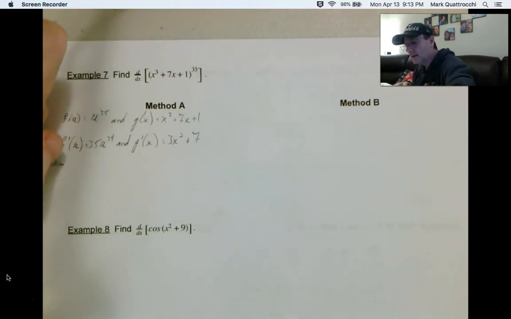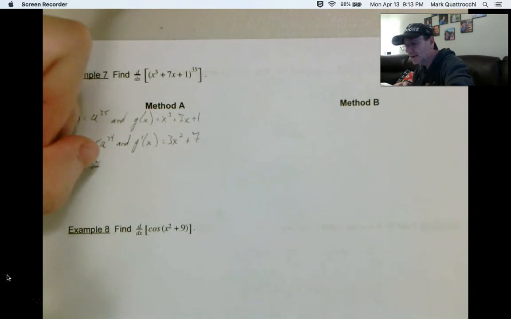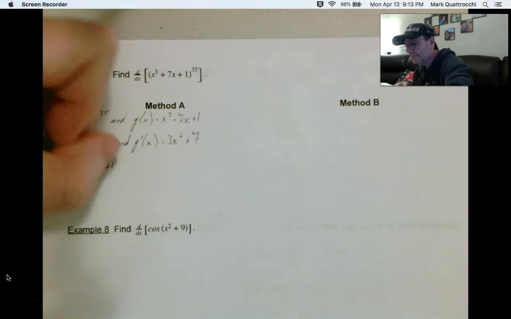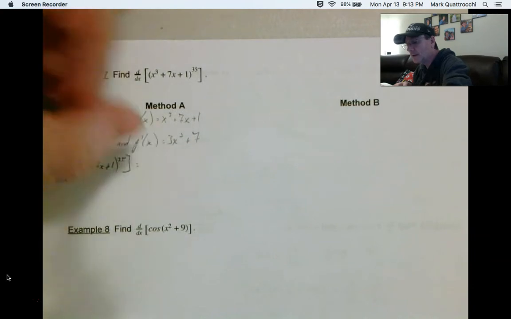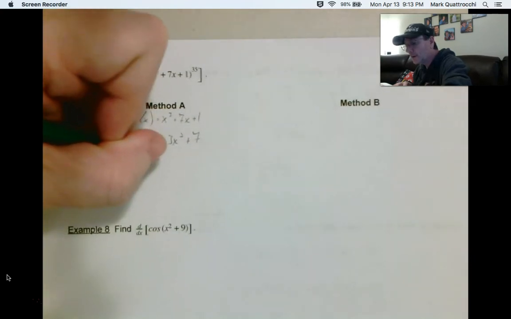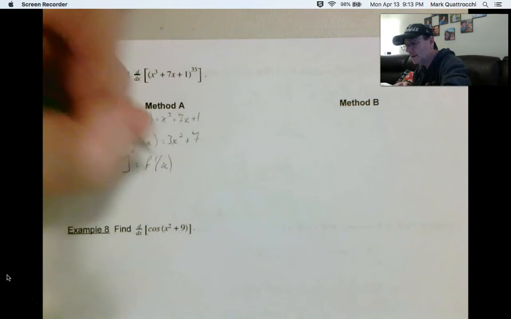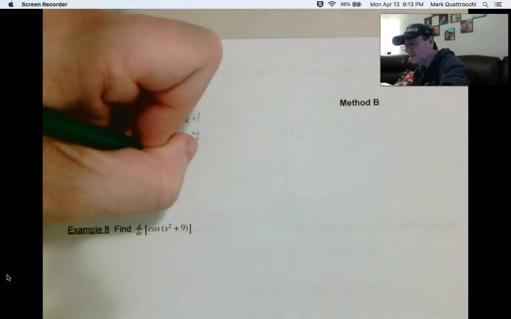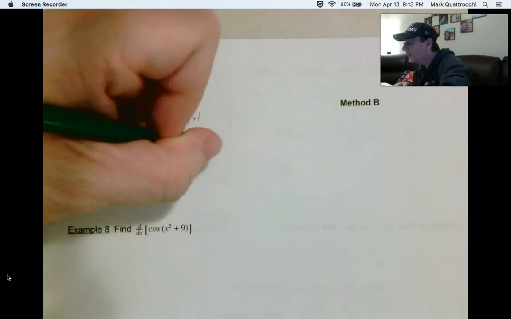The derivative of the original function, x cubed plus 7x plus 1 to the 35th power, is equal to f prime of u times g prime of x.